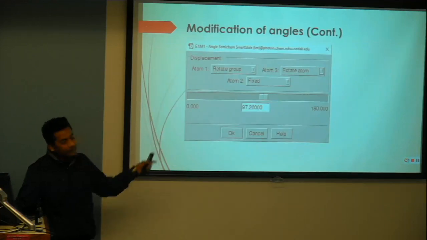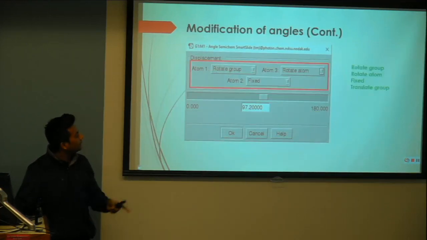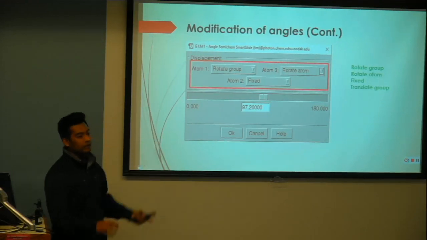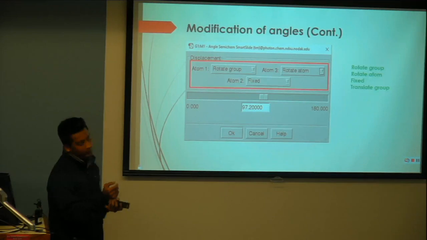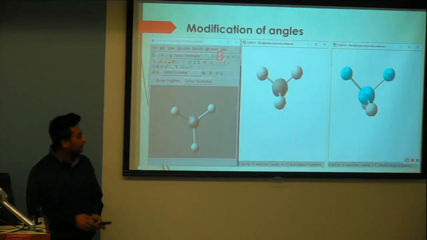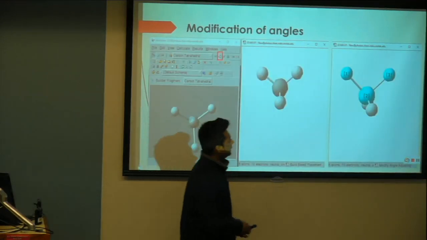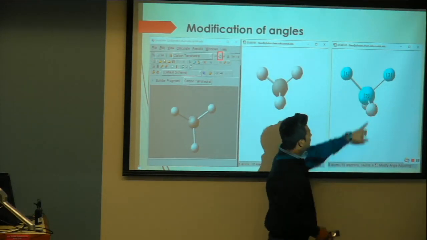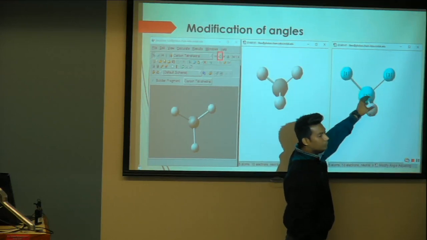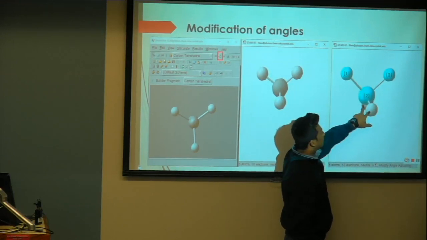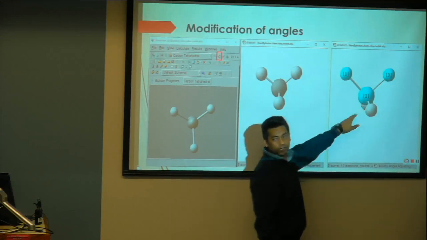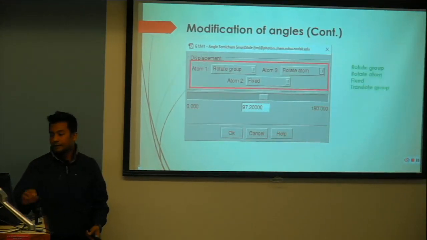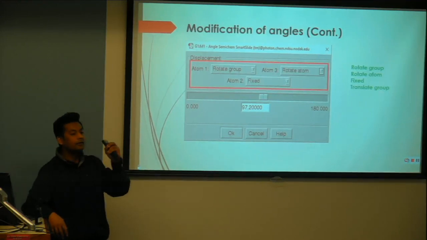After that, this window will appear, and likewise we have 4 options now. Rotate group will rotate the total group. Let me explain this: if we choose rotate group, it will rotate the other 2 atoms also. Okay. And there is rotate atom, which means only the atom will rotate.